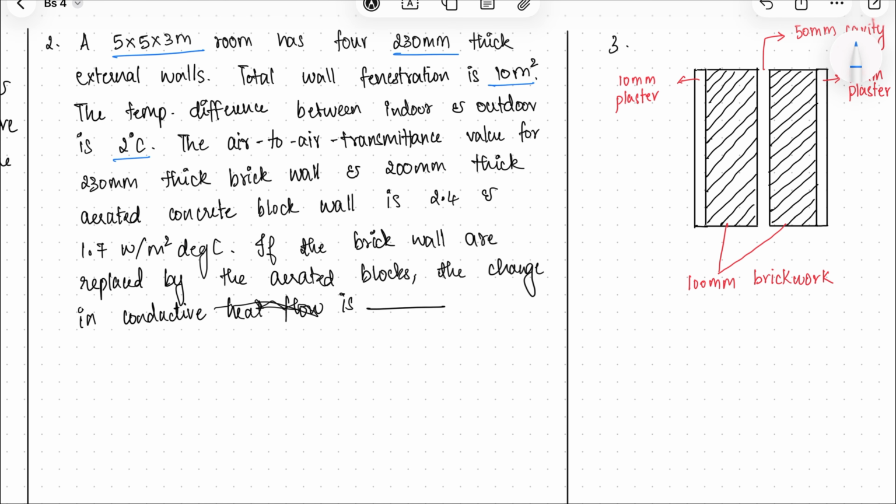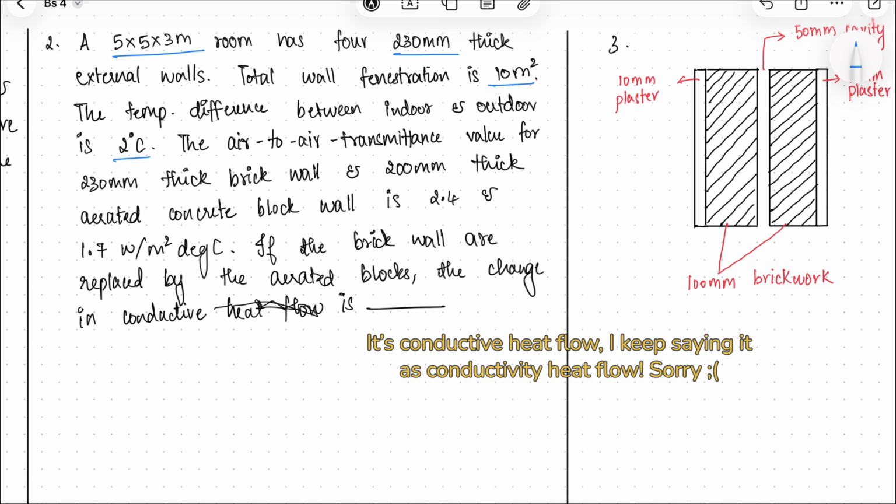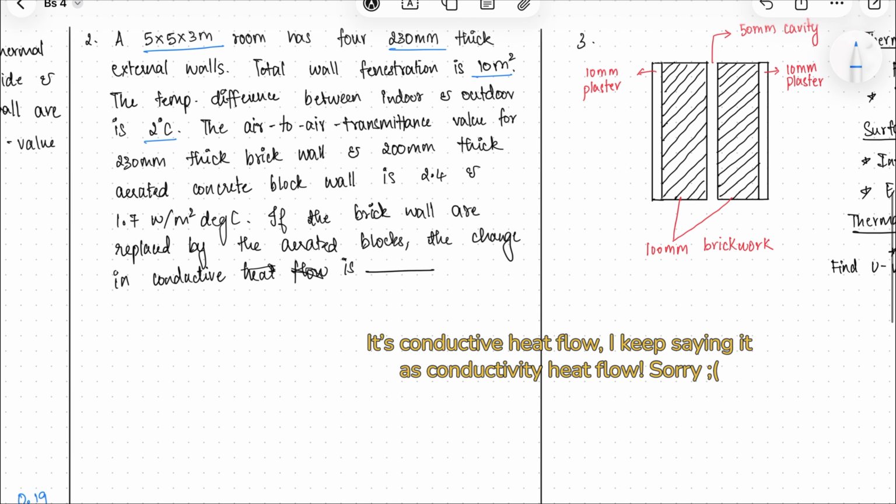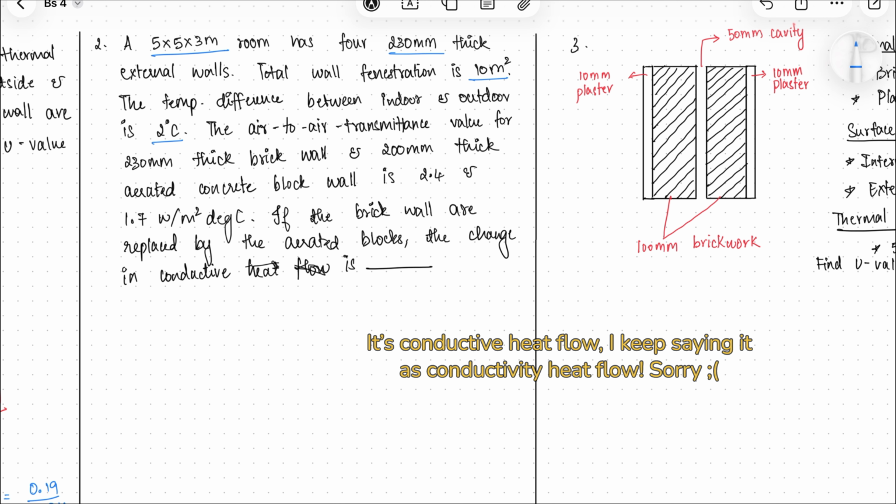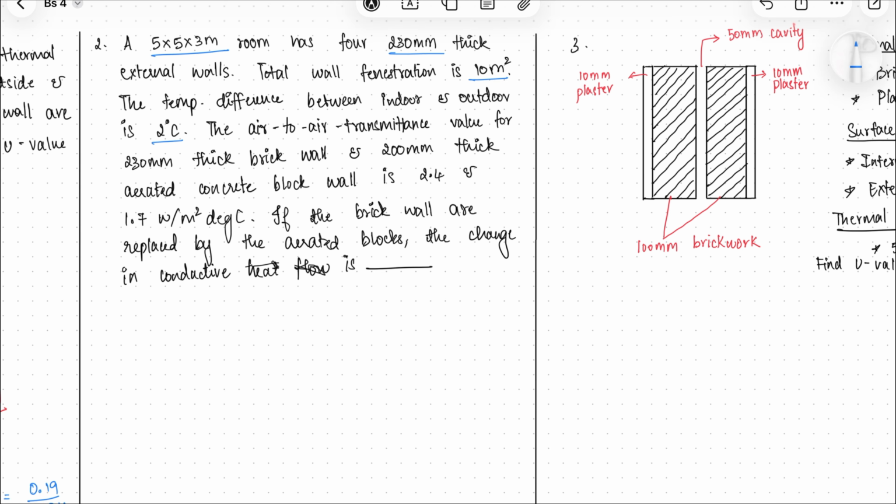If the brick walls are replaced by the aerated blocks, the change in conductive heat flow is? So they want us to find the difference in the conductive heat flow when they change the material from brick to aerated blocks. Now let's find the heat gain of each material, and then we'll find the difference.